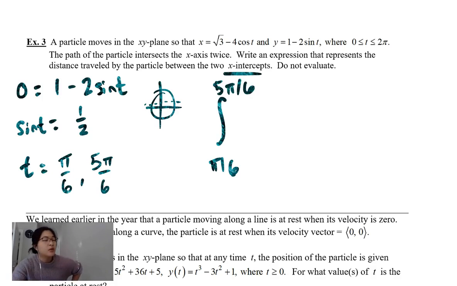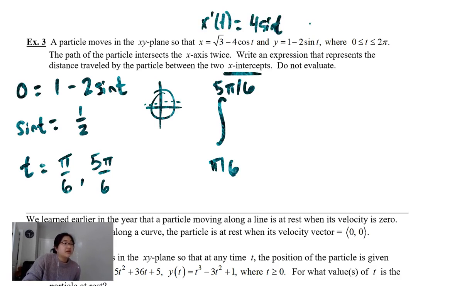Okay. Now, what do we need to put into our integrand? Well, we're looking for the distance traveled. So the distance traveled is going to be our arc length. And the arc length is using our derivative, so we need to take our derivative of x with respect to t, and that's positive 4 sine of t. And then our derivative of y, y prime of t, is negative 2 cosine of t.